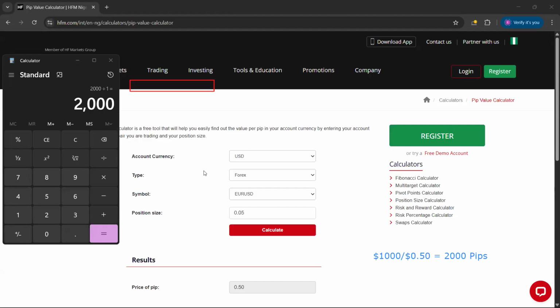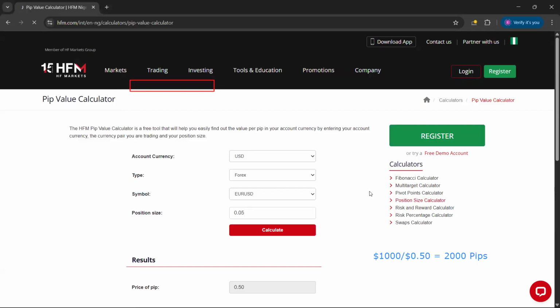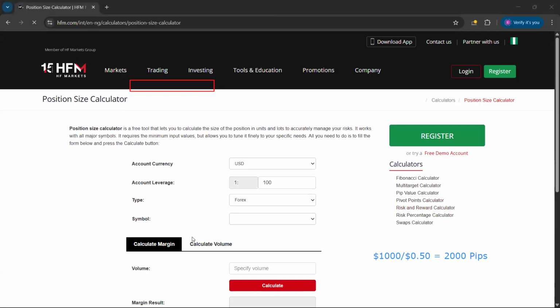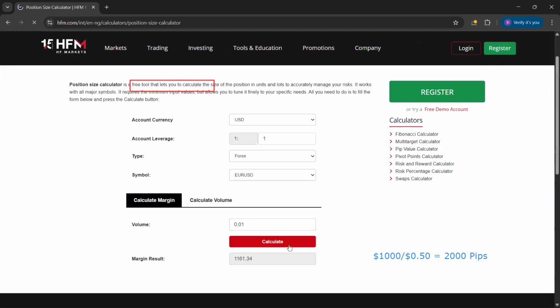Like I said to the person who asked, you need $1,000 in your account to open 0.01, which is the lowest transaction in the market, on a normal day without leverage. If you don't have leverage on your account, on the average EUR/USD market, if you're trading 0.01, the broker requires you to have $1,161 in your account before they open the trade.